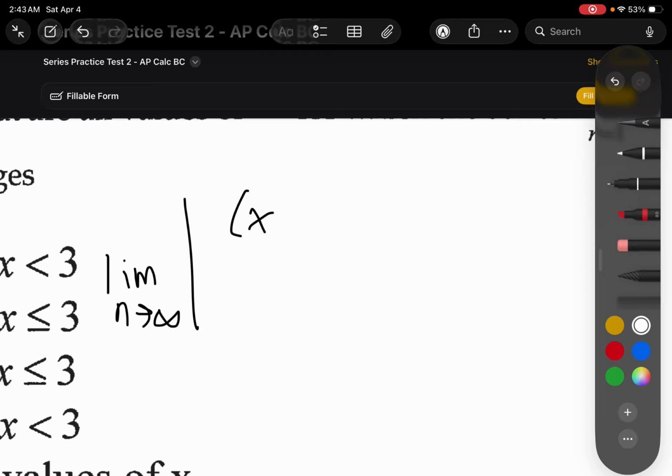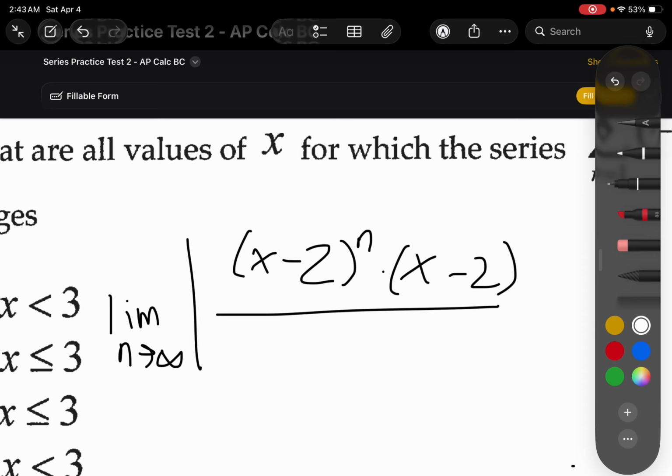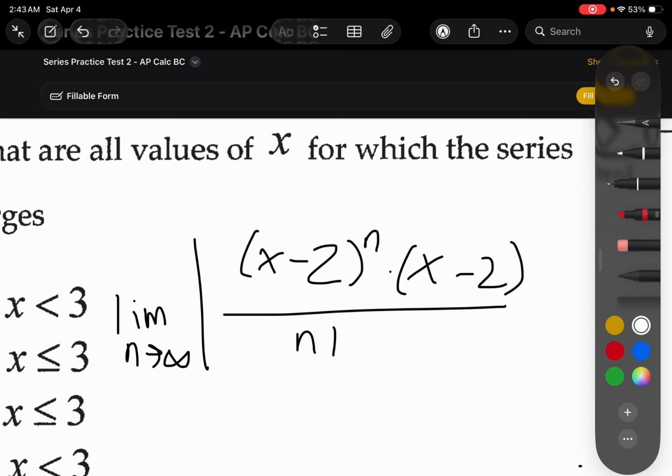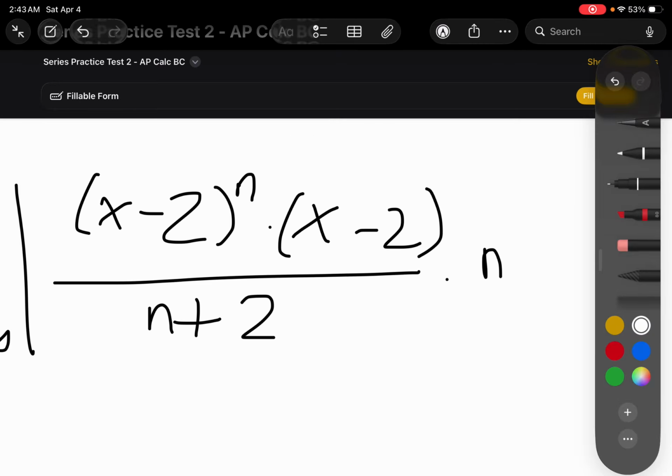Okay. x minus 2 to the n times... Why is it so slow today? Times x minus 2 over n plus 2. Alright, and now we're going to multiply by the reciprocal, which is n plus 1 without any adjustments, over x minus 2 to the n.